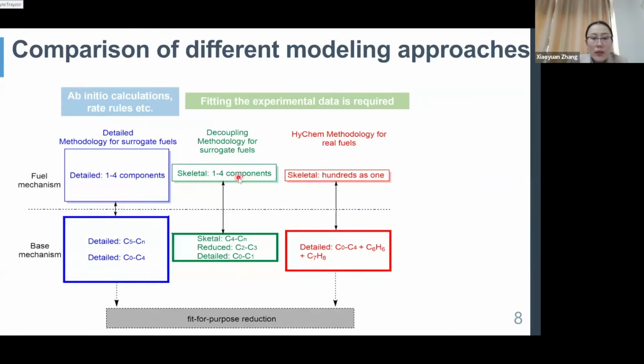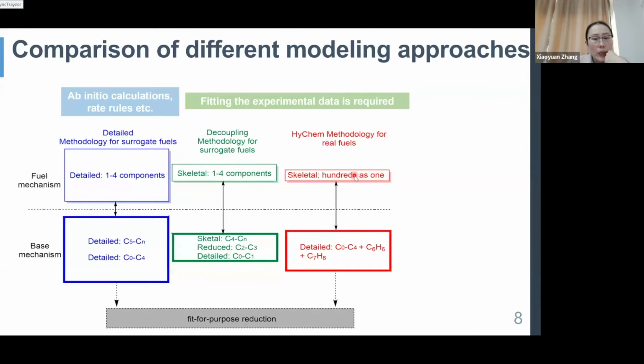So in this work, we are also thinking about the HyChem model methodology. In this model, if you change the feeds of the real fuels, you may need new experimental data to derive the model parameters.